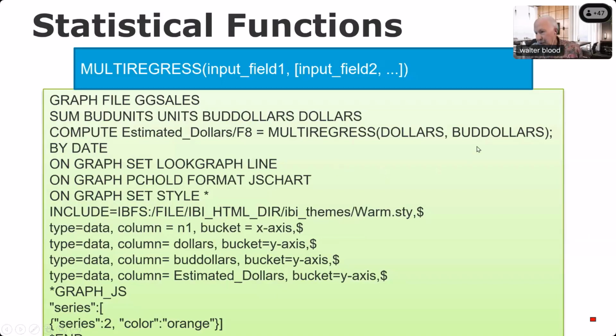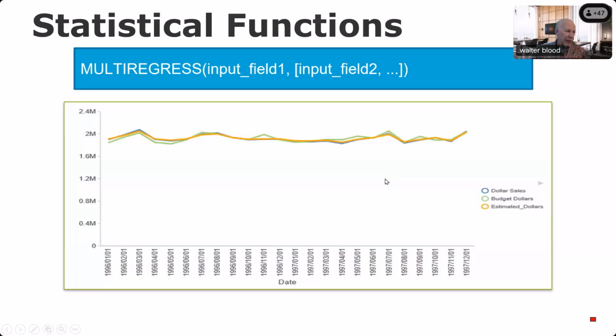Now, multi-regress is multiple regression. We're going to generate an equation for you, and this is standard stuff in statistics. We're taking a look at 2 fields specifically, dollars and budget dollars by date, to see if we can generate a graph line that shows how these things relate.